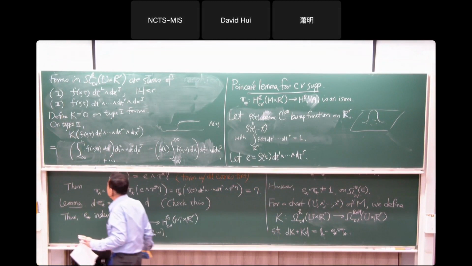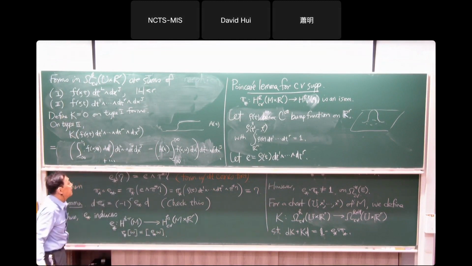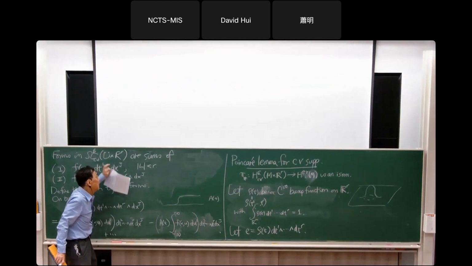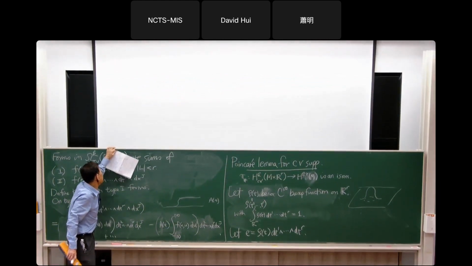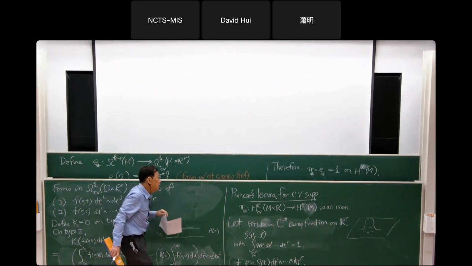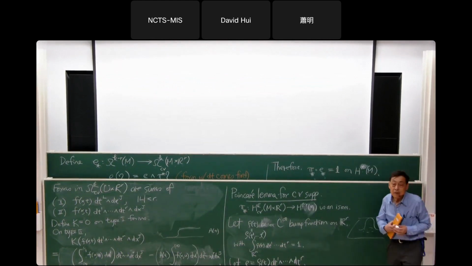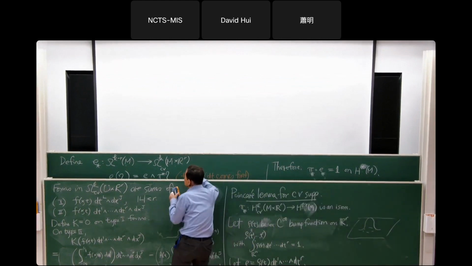And then once you have that, you have the Thom isomorphism theorem for a product bundle. And now after that, you need a Mayer-Vietoris sequence for compact vertical support.